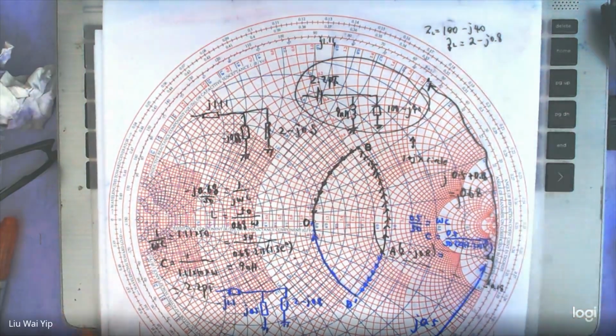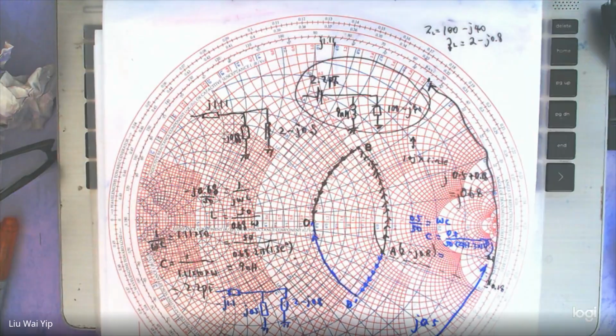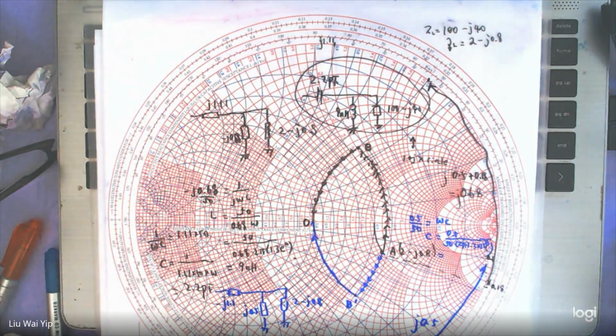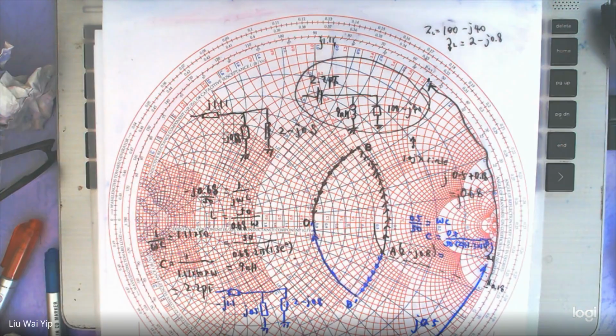And then you will get the value. Let me check. 0.5 divided by 50 divided by pi divided by 1.3 divided by.